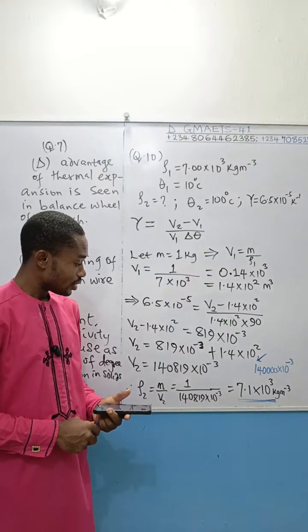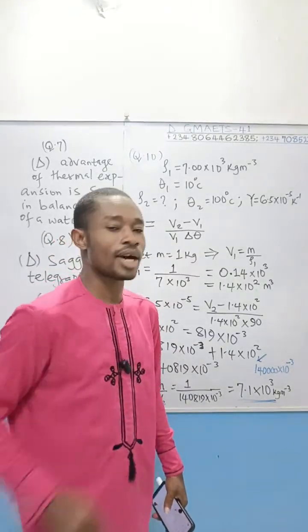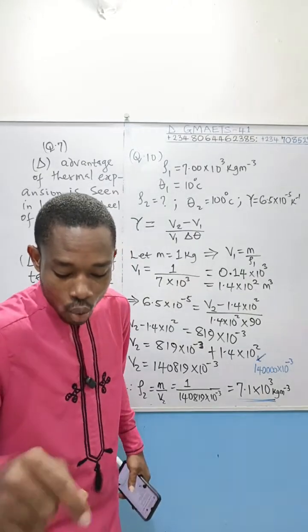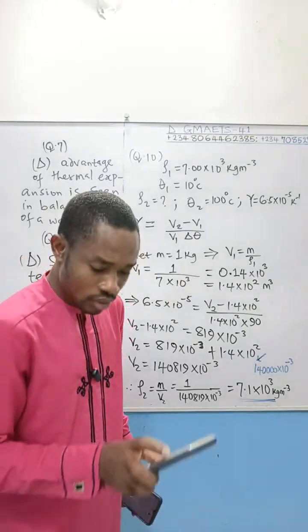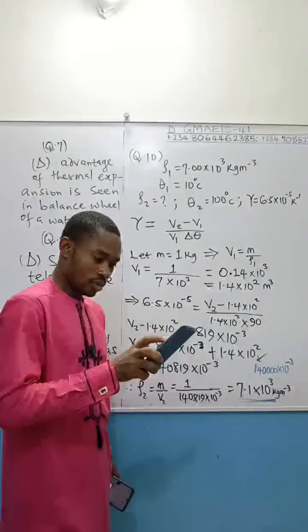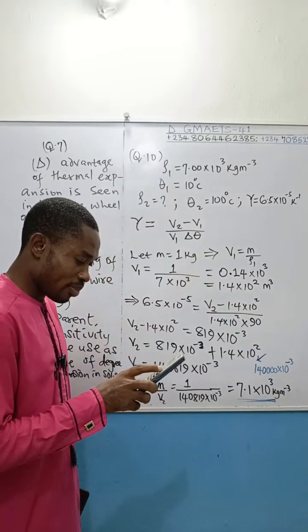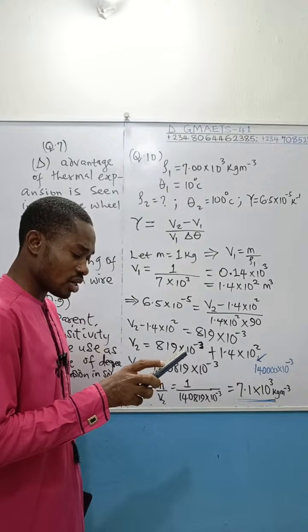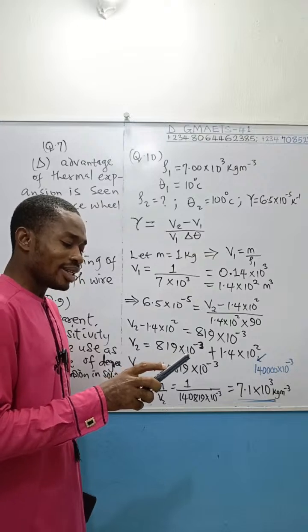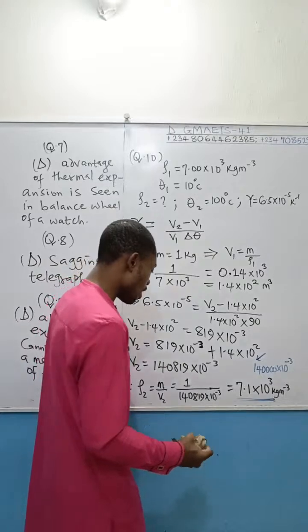No. It's 7.08. When I press this is 7.10. No, there's no 8 there. I'm sorry about that. What I have here is actually 7.101, you know. 1 divided by 140,819. What I have here is 7.101 times 10 to the power of minus 6.